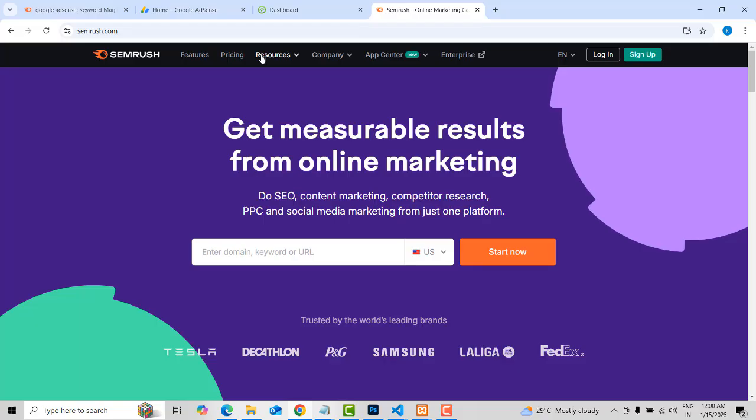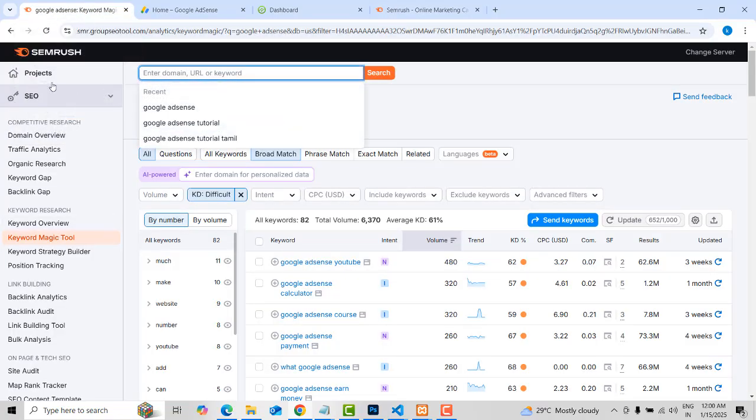Just check the price and you will be able to buy for one month. You can do a lot of keyword research from SEMrush. I already bought it, so after buying, you log in to that account.